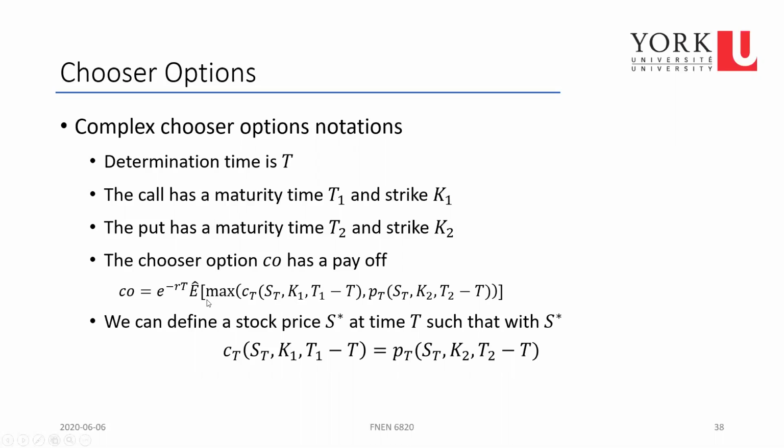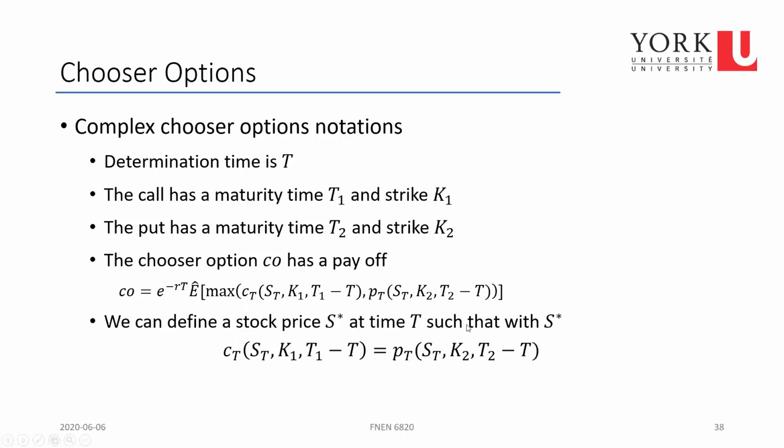So a chooser option in this case will be the discounted value of the expectation under risk neutral of this, which is the payoff of the call, or this, which is the payoff of the put. Okay, so this payoff, and you select the higher of the two.